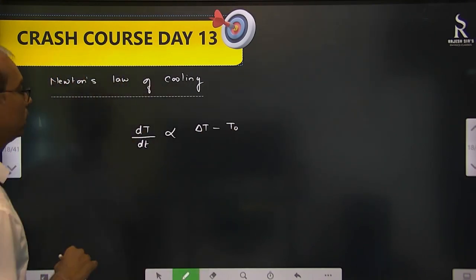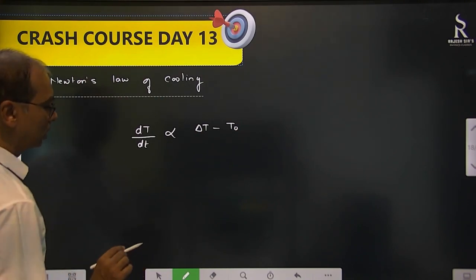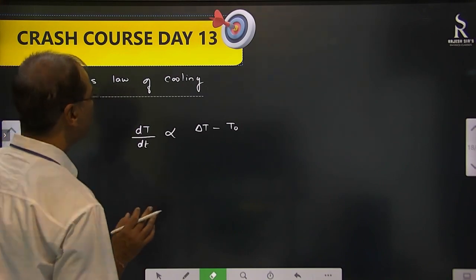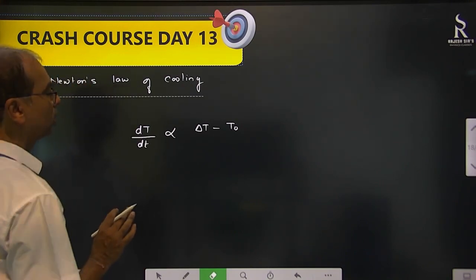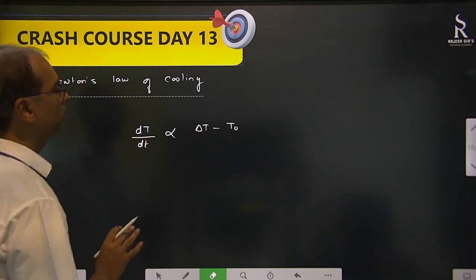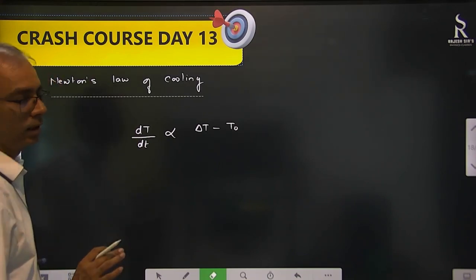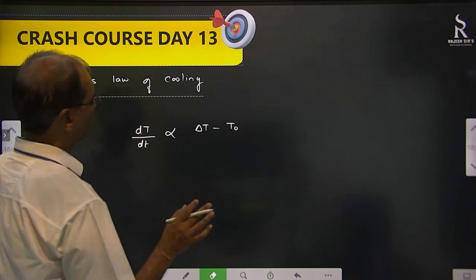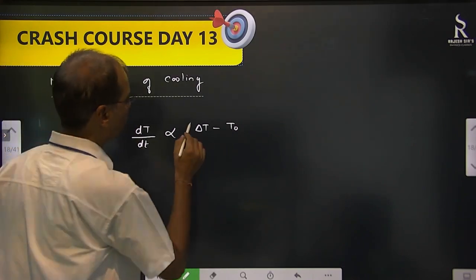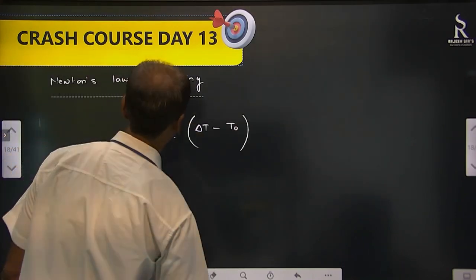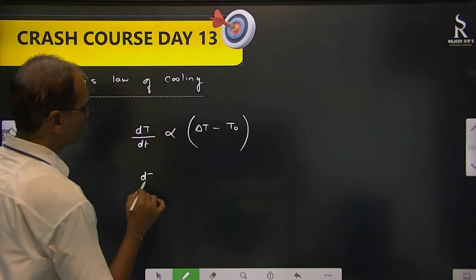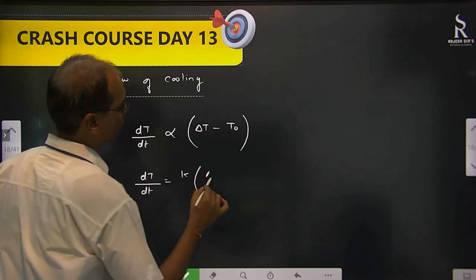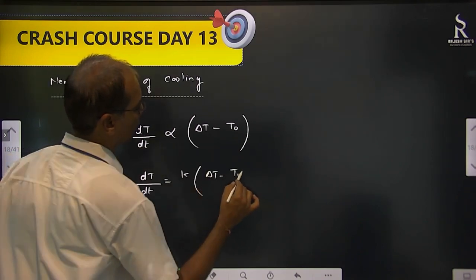I'm thinking that I should not derive it, because derivation is unnecessary, we have to remember only the final thing. If anything is there, we will add to that. So dT by dt equals k times T minus T naught.